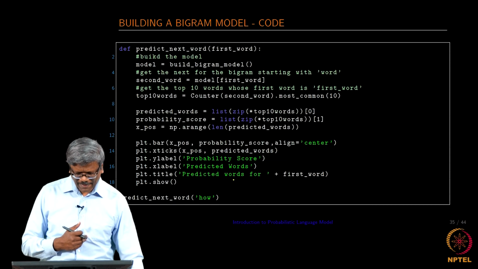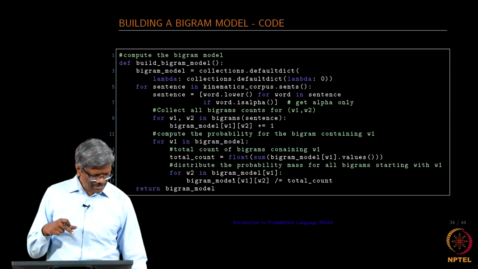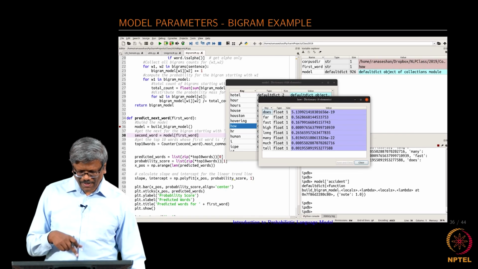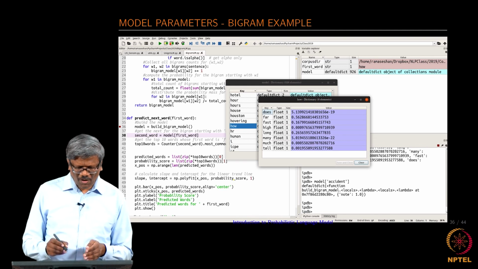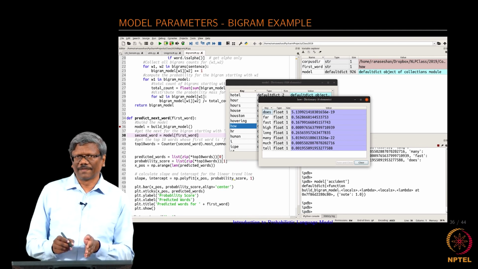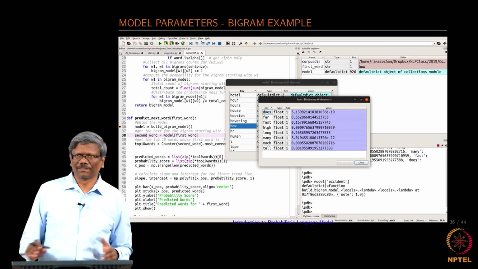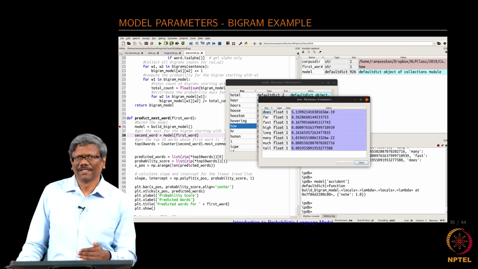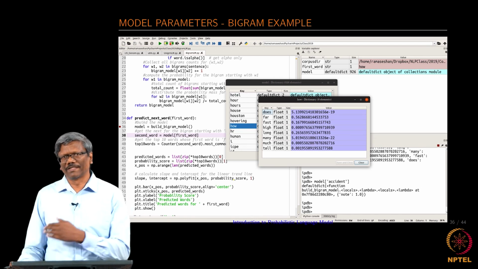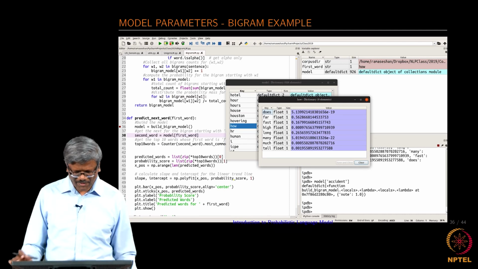For that, I am going to show some code first, explain it, and then show you a debugging session of that. Then I will show you how, for a particular word in the bigram, what are the combinations of the second word that come after it, what are the probabilities associated with that, and how the model looks like, and so on.